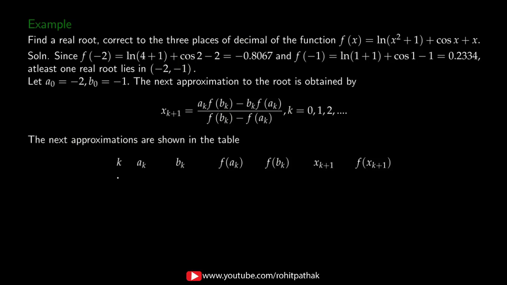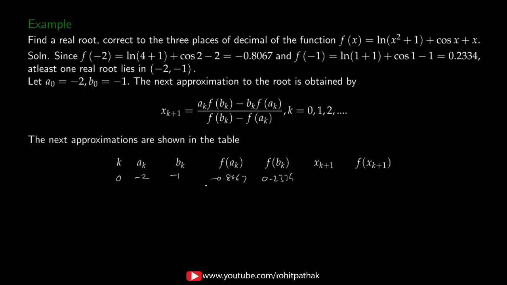The procedure is the same. For k equal to 0, a0 is minus 2, b0 is minus 1. f(a0) is minus 0.8067. f(minus 1) is 0.2334. x(k+1) is found by using this formula.